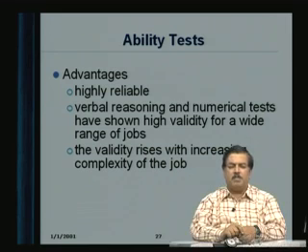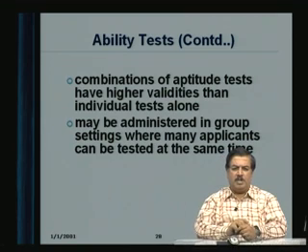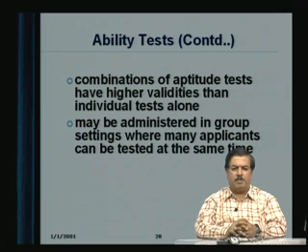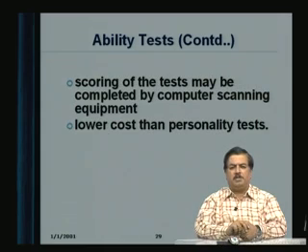So, the higher the complexity of the job, one can say in a very confident way that the ability tests are most useful. And a combination of aptitude tests has higher validity than individual tests alone. That means if you are able to do a battery of tests and gather data, that is more preferable. So it is always desirable that you cover a good number of people and also multiple tests, so that the candidates can be classified.